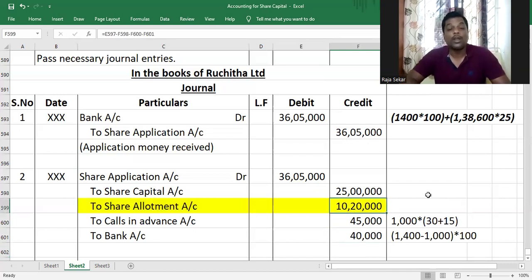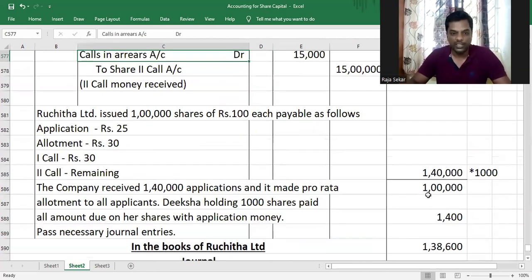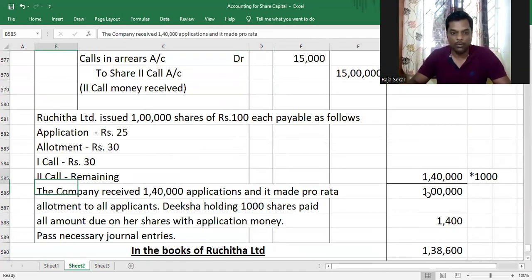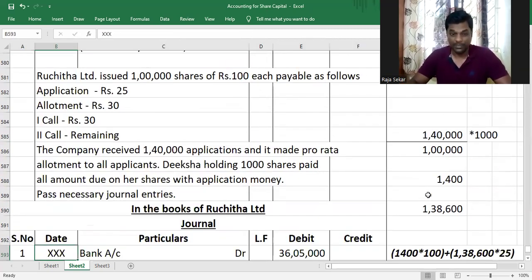Understood or not? Now you might wonder, what if all the other shareholders have made so much extra application, so that the allotment money is more than what is required in allotment, and it has to be adjusted against calls and so on? Well, you can actually find out, right? Because you see, the total allotment money due is, on allotment you need 30 rupees on 1 lakh shares, 30 lakh rupees.